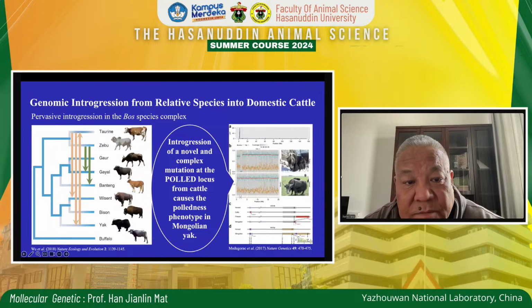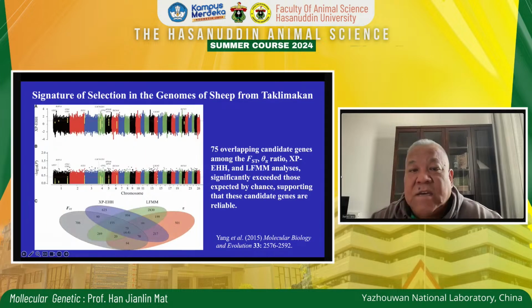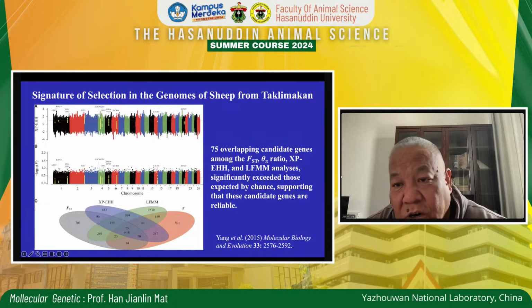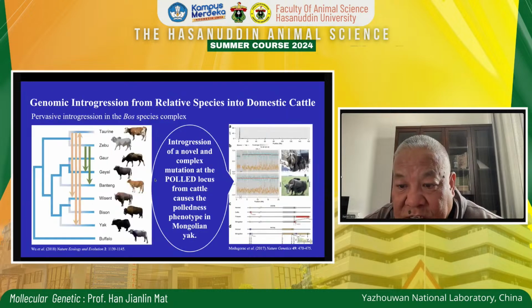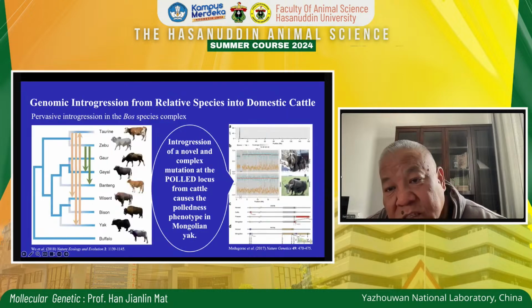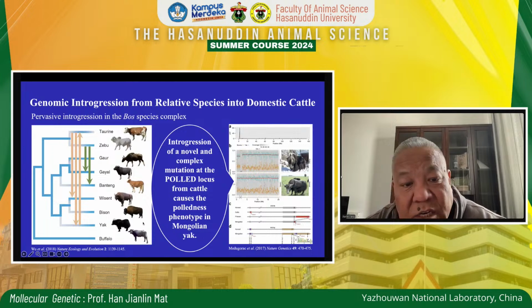By doing that, we can come up with a list of functional genes responsible for adaptation to high altitude and to dry environments. And if we know the gene, we will definitely come up with a molecular marker for breeding to speed up the genetic improvement.